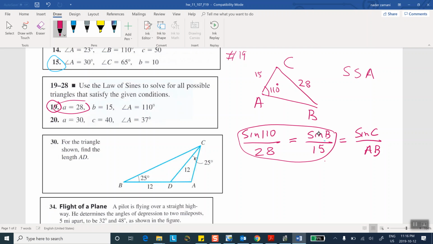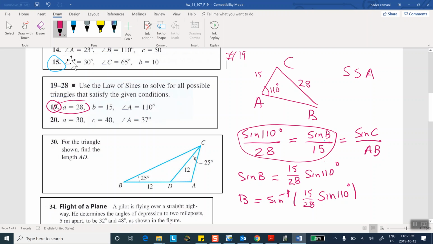Out of that, we can find the angle B. Okay. So let's go ahead and do that. We have sine of B equal to 15 over 28 sine of 110 degrees. These are all degrees. Okay, so B is equal to sine inverse of 15 over 28 times sine of 110. So 15 over 28. We go to our calculator.